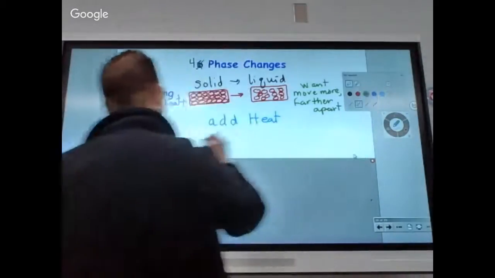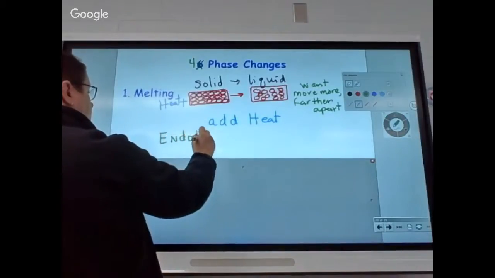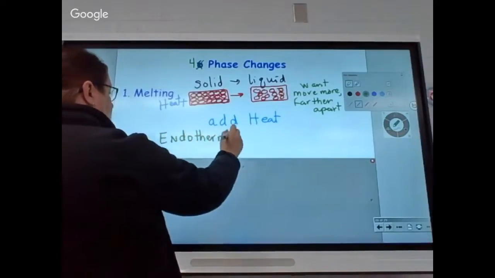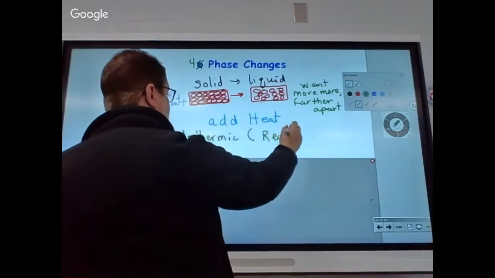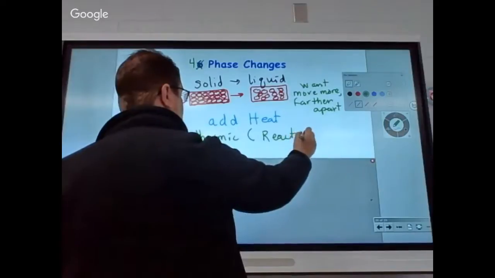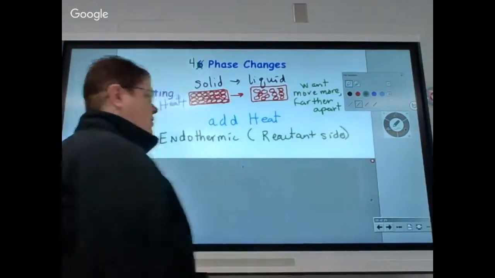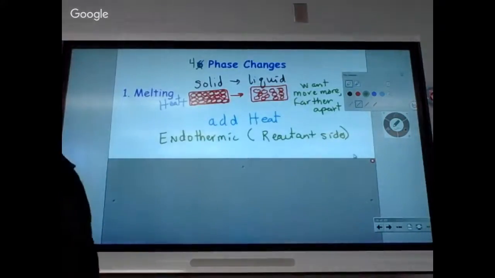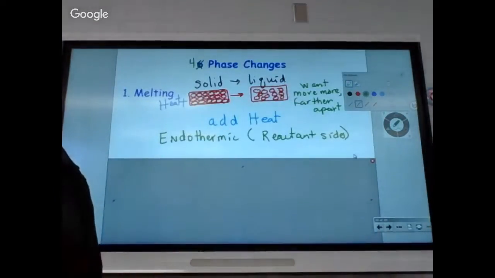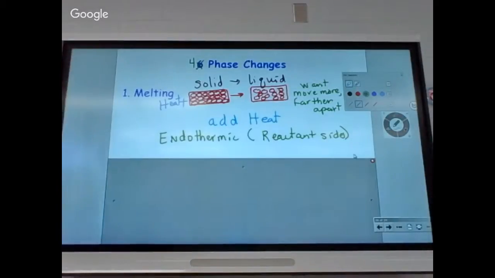All right, that makes it endothermic, because y'all said add it to the reactant side. So how's it going to feel in the lab today, since y'all said it's endothermic? It's going to feel cold.